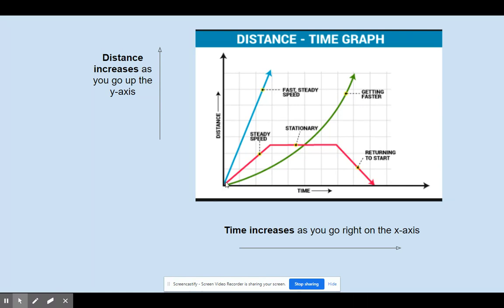And let's say it takes you 15 minutes to walk to school. Within those 15 minutes, you're going to be traveling further and further away from home. It depends on if you're going to go fast or if you walk really slow. But as time passes, that's going to be the farther you get away from something.